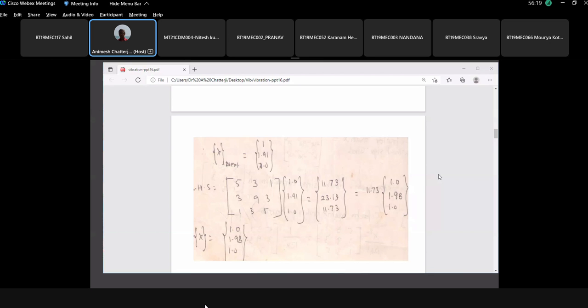Remember. And whatever numerical value I have given, square root K by M is coming 31 point something, and our conclusion was this building is more or less safe.